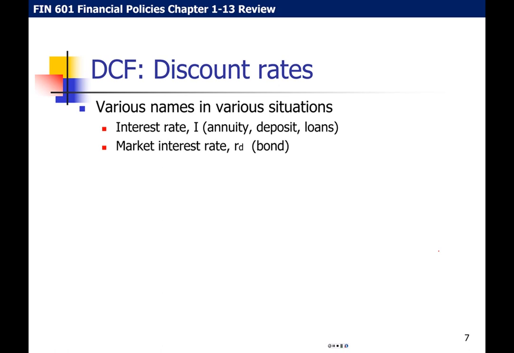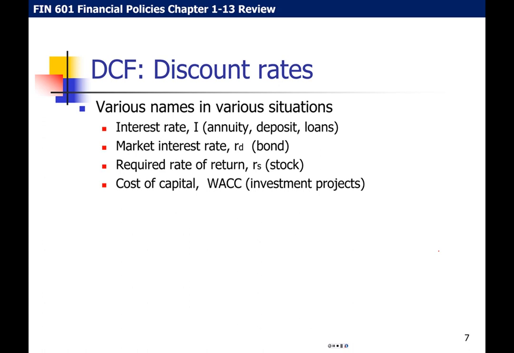And next, for bonds and debt, we use market interest rate to cover the cost of debt, and it's noted as r of D. For stocks, we call it required rate of return, and it's denoted as r of S, cost of equity. Okay, and for the cost of capital that's appropriate for investment projects, we use WACC. It's a weighted average cost of capital.